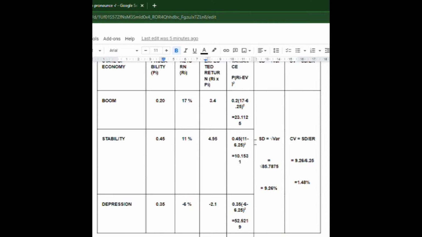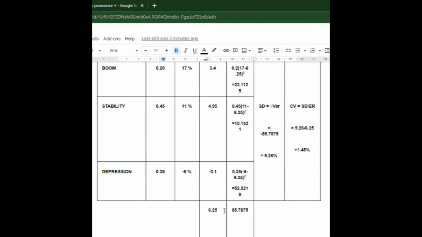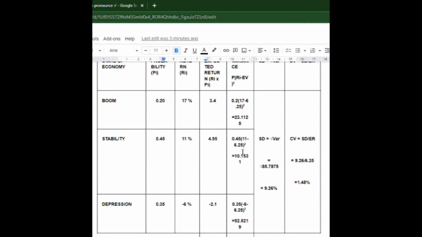So 0.2 probability, open bracket 17, return, minus 6.25. Where I got the 6.25 is from here, the grand total, 6.25. Close bracket power of 2. Then you get 23.1125.